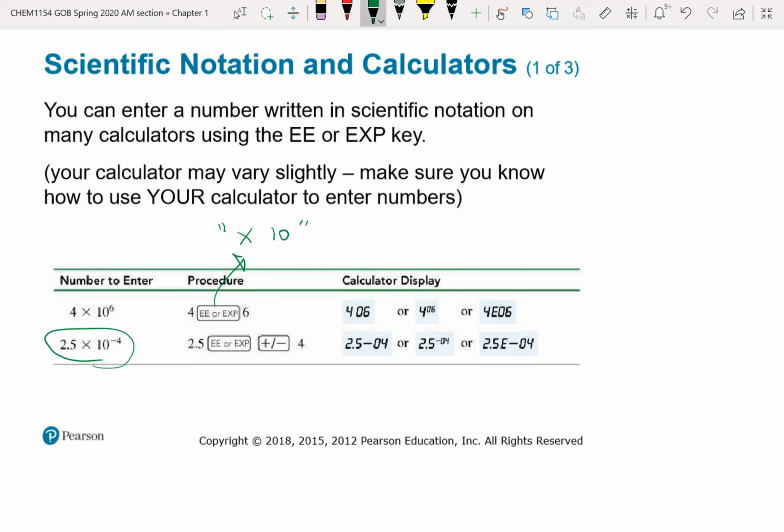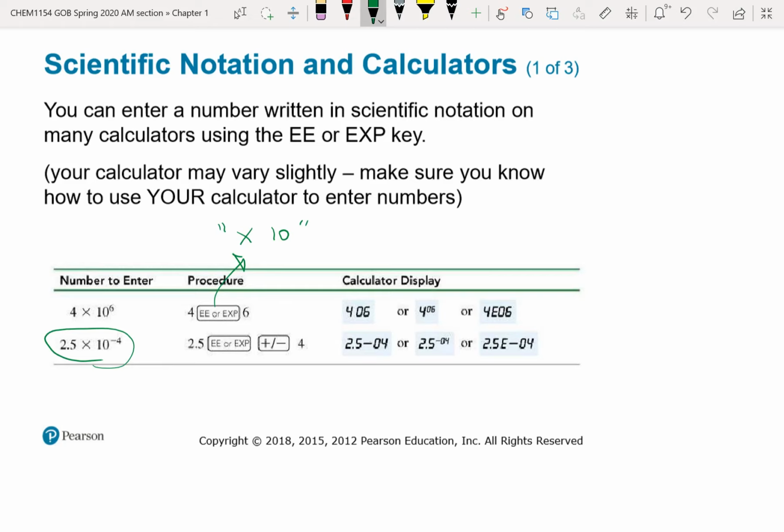Then you enter the 4. And it should either display any of these, or it may actually give you the regular decimal number 0.00025. So are you seeing any of those? 0.00025, or 2.5 times 10 to the negative 4.